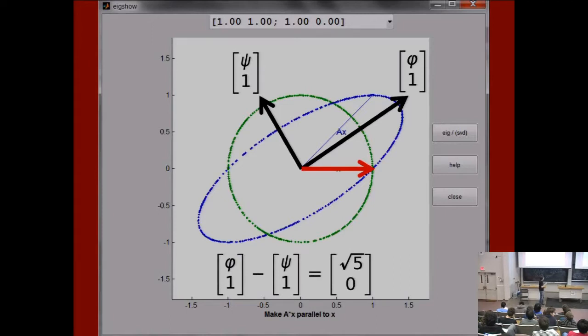And actually, if you subtract this vector from this vector, you almost get the red vector. You get something going in exactly the right direction. It's just that this difference is root 5. So if you divide this whole equation by root 5, you get that 1 over root 5 times this minus 1 over root 5 times that equals the red vector, 1, 0.